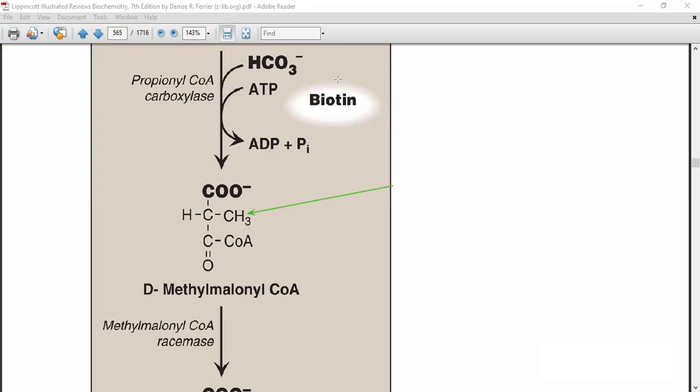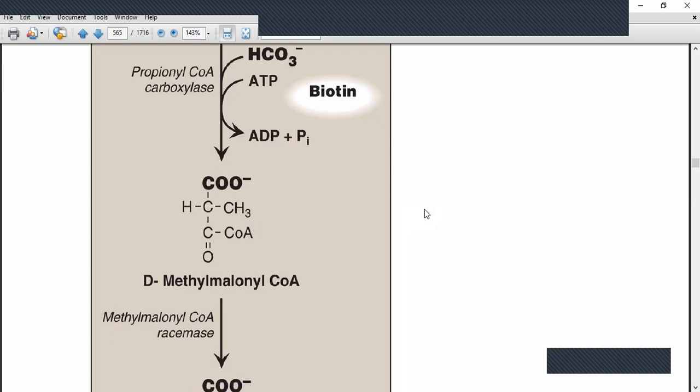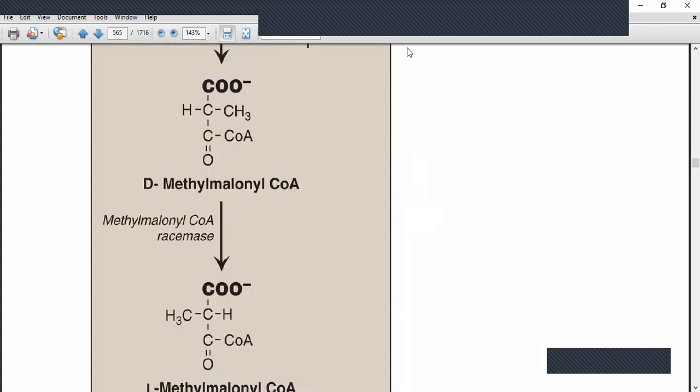Then the other enzyme cannot act on the D form. It has to act on the L form. So we have to carry out isomerization.